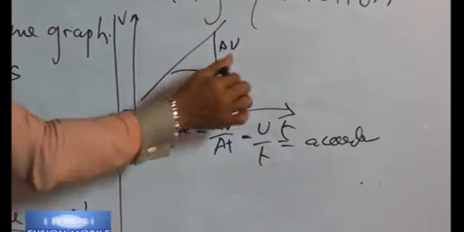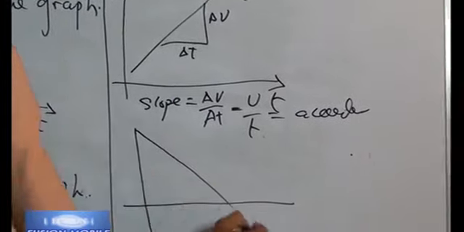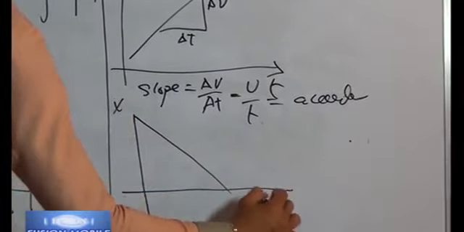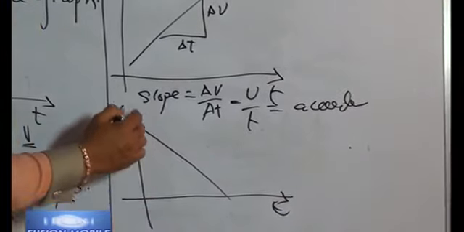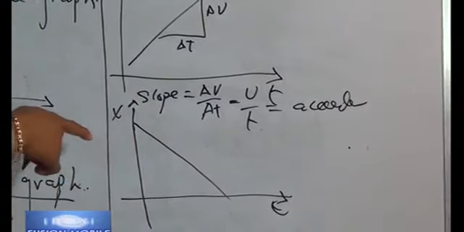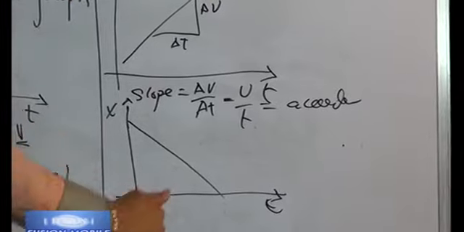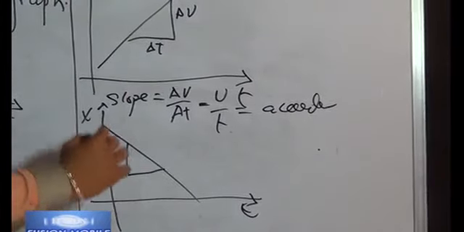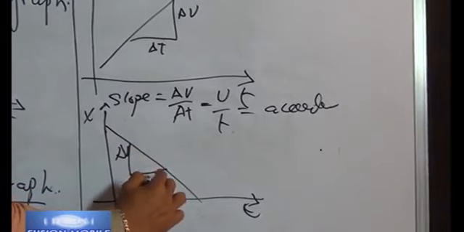But when the graph is a negative graph, something this way, coming down like this, here is v and this is t. This time around, we will not have acceleration but retardation, because it's decreasing, it will give us a negative graph. Having this, we have delta v and delta t.